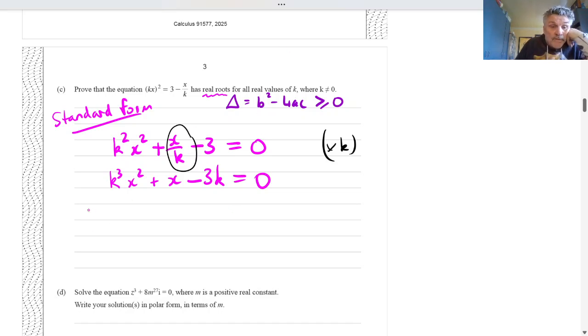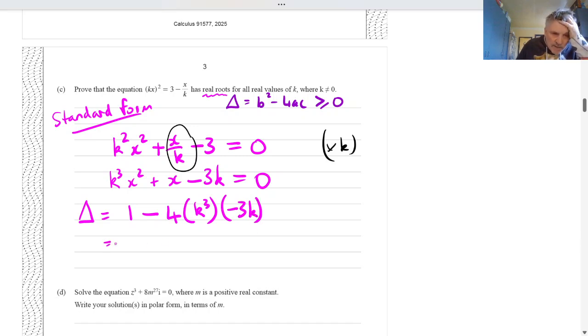And now we calculate the discriminant. b squared, our b is 1, so that's 1 squared is 1, minus 4, our a is k cubed, and our c is minus 3k. This is 1, minus times minus again will become plus, 4 3s are 12, k cubed times k to the power of 4. And we want to know whether this is bigger than or equal to 0.